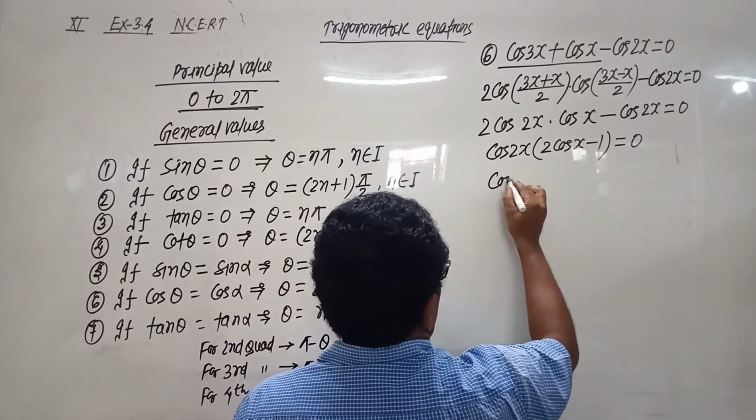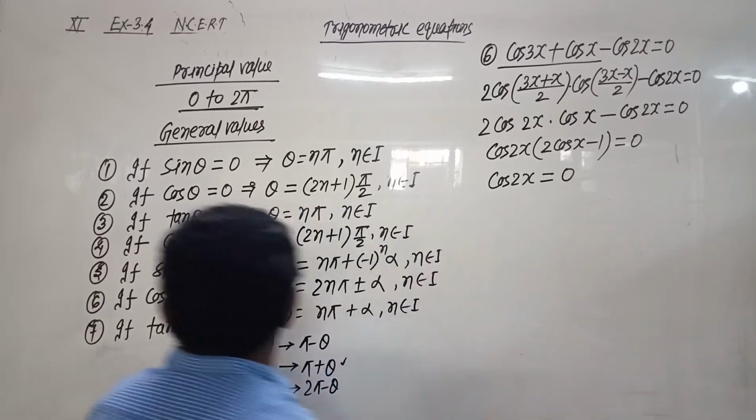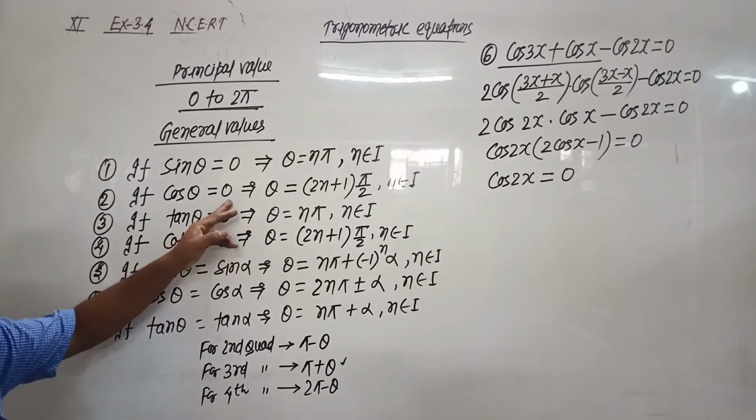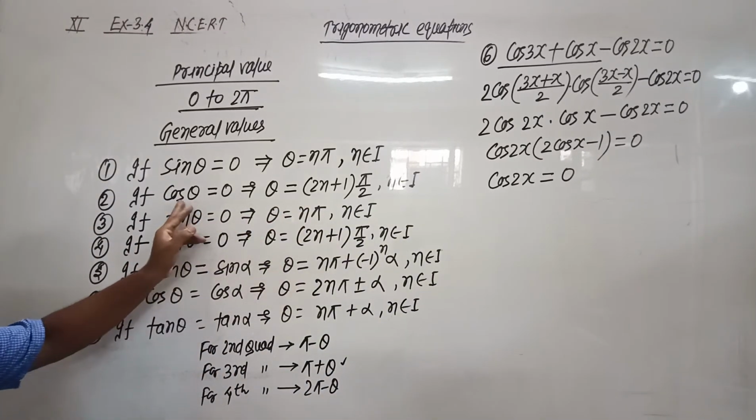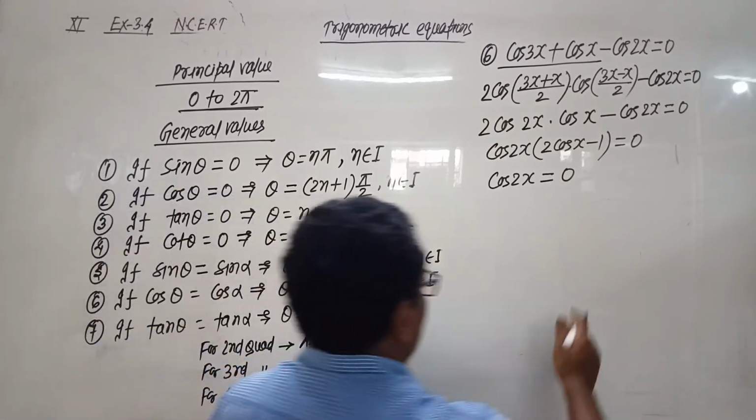So for cos 2x equals to 0, we use the formula cos theta equals to 0. At the place of theta, there is 2x. Then theta equals to (2n plus 1) pi by 2.